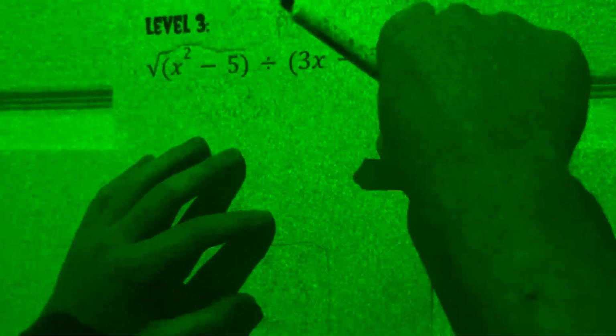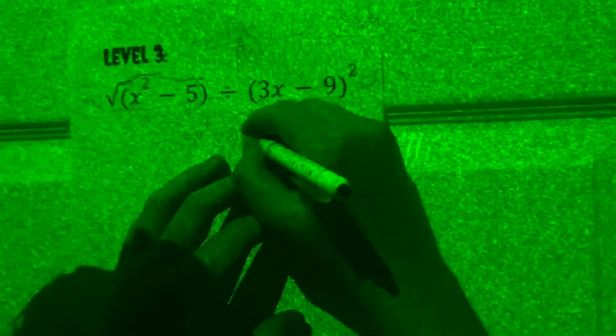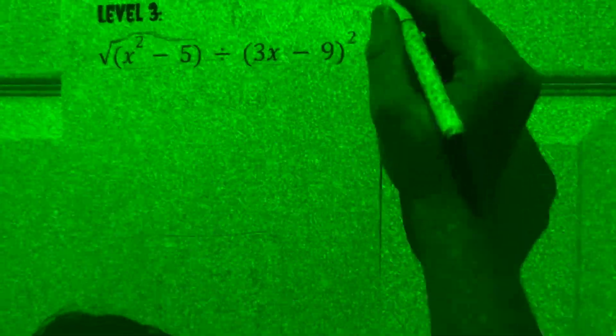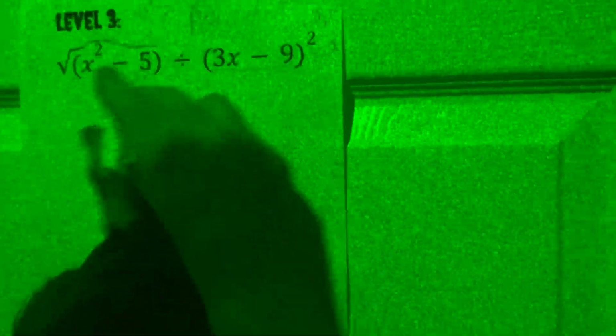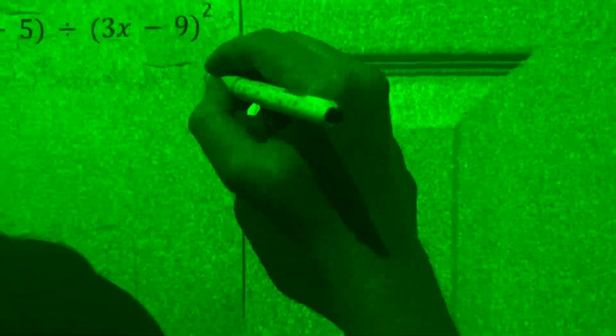Alright, and now we need our g of x, which is just this right here. So, times 3x minus 9 squared. Now we need the second part, so it'd be minus f of x, which is just the square root of x squared minus 5, and then multiply that by the derivative of g of x.